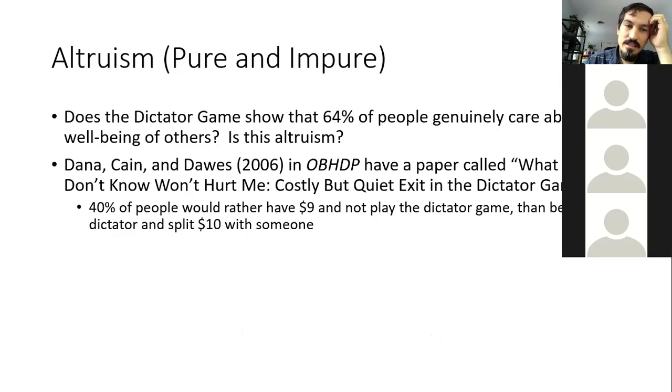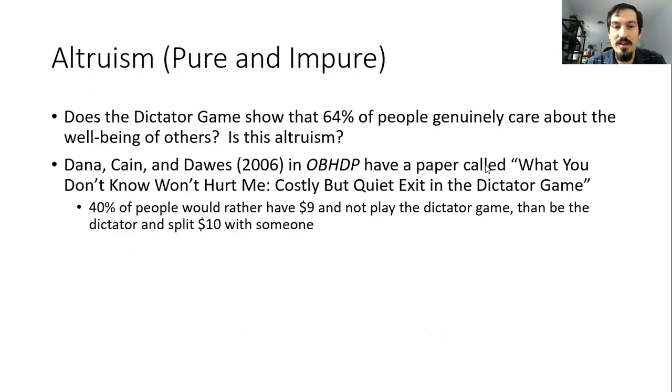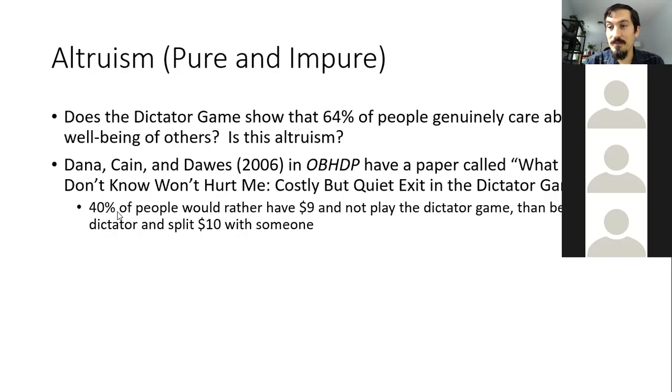Okay, here's an example of a game I'd like to mention where you have the option of leaving. Oh, I mentioned this in my video, so here it is again. 40% of the time, people actually would rather just escape the dictator game, not have to split the money, and keep almost all of the money for themselves.